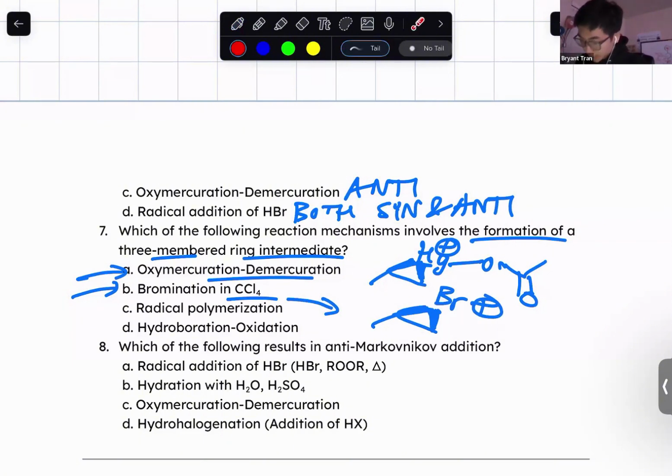Radical polymerization goes through a radical intermediate, so that's not it. Hydroboration oxidation does not go through a 3-membered ring. It goes through a very long mechanism, which we don't have to worry about for the second part, but you do need to know the first part of hydroboration oxidation. But I don't think it's going to show up in the mechanism as much. It's low yield for this mechanism.